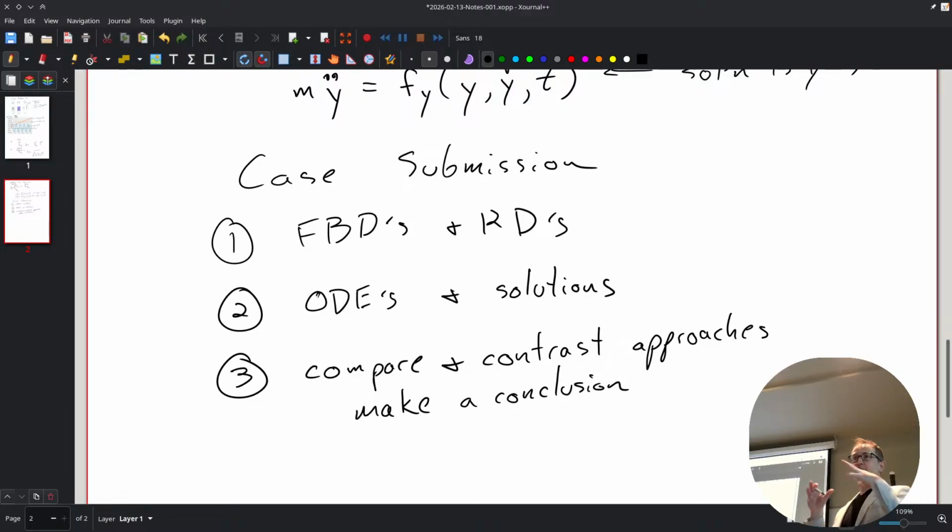Then from those free body diagrams and kinetic diagrams, whatever you put in your free body diagram is your differential equation. And then there should be some solution to that differential equation. And the final part is wrapping up, where you compare the methods, contrast the methods, and make some kind of conclusion.